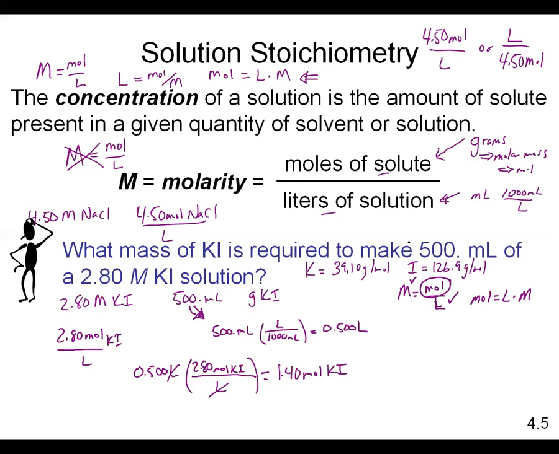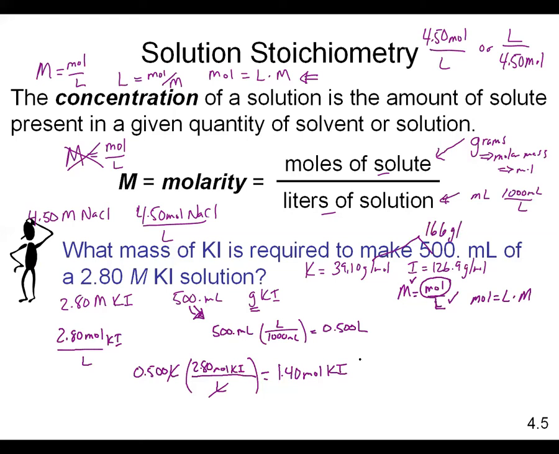That's close to what we want, but we do want grams. So we do need these two numbers here to get the molar mass. And we just need to add them together, since we have one of each, and that gives us 166 grams per mole as the molar mass.